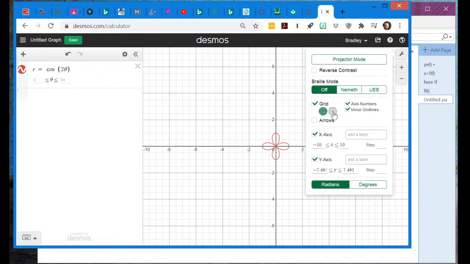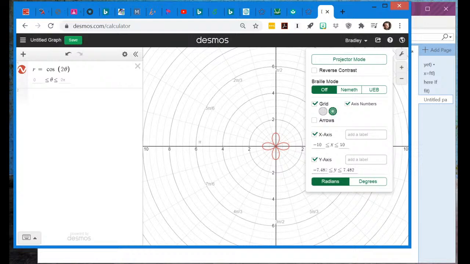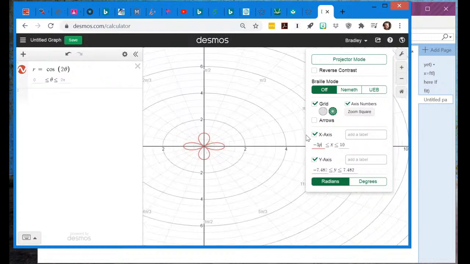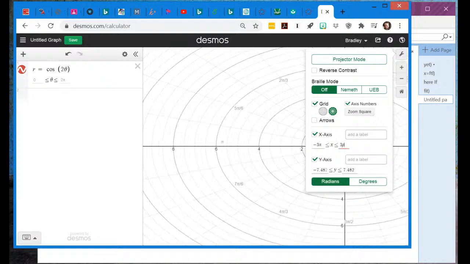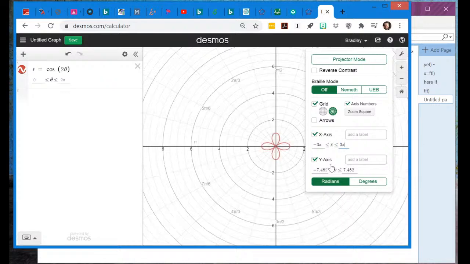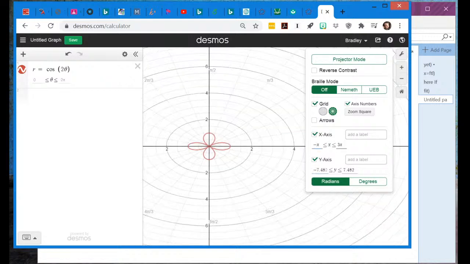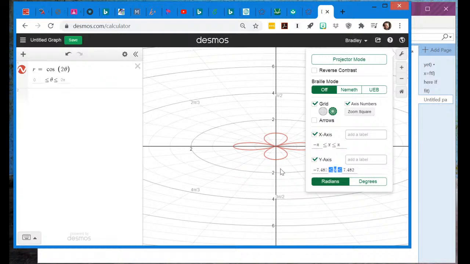You can go in here, go grid. Oh, nice. And then instead of 10, let's go something like negative 3 pi to 3 pi. Maybe I don't want to do that. Maybe we'll just do negative pi to pi, at least for now, and then same thing here.